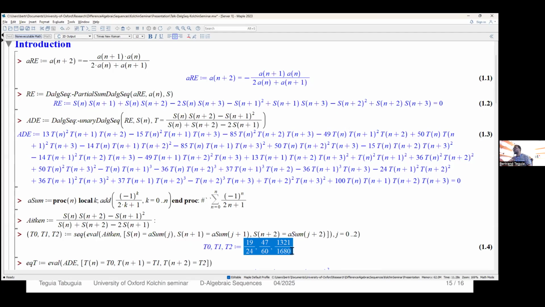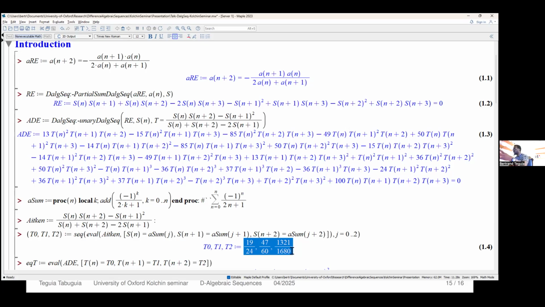But the advantage of using this closure property of the algebraic sequences is that it allows you to have directly an equation for Tn. So you don't need Sn as soon as you have the necessary initial values. You can just do the computation directly with the sequence. And this could be a method to even find good rational approximations to some known constant.